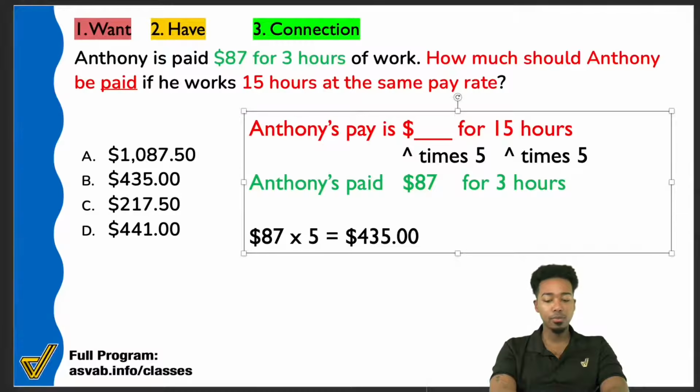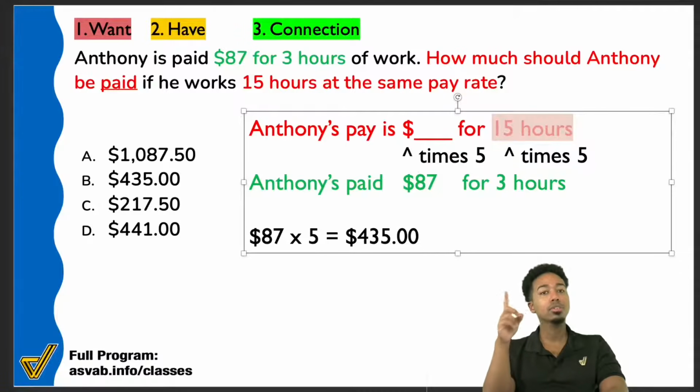One way is noticing that from 3 hours to 15 hours, that is going to be times 5. So when you notice that bottom to top, from hours to hours, from 3 hours to 15 hours, that's times 5. From $87 to the total dollars, that would be times 5. And once you have that, boom, you can do it.